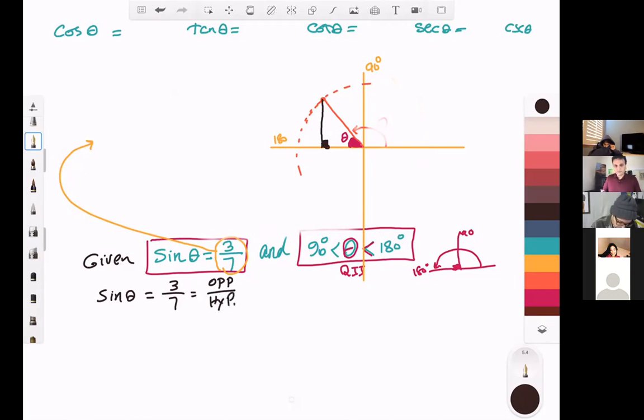We also learned this is the same as y over r. So this is x, this is y, and that's r.